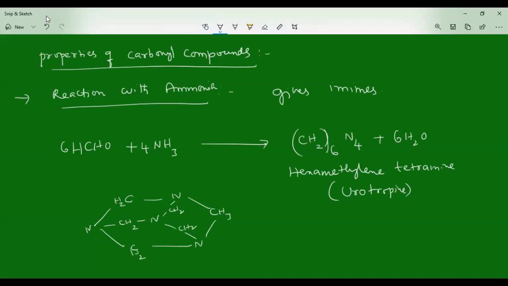Like this, the urotropine structure is there. Actually, its importance is that it is an important compound for the preparation of RDX.